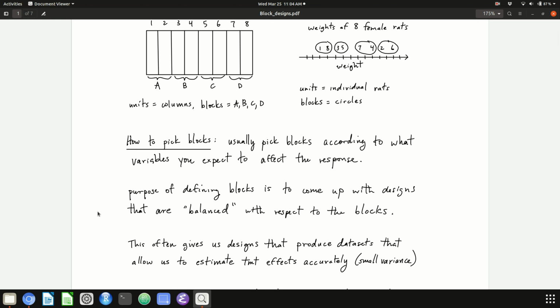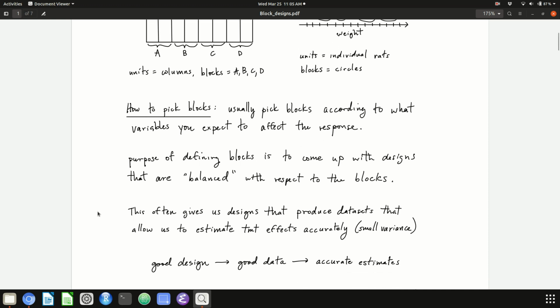Remember, the goal of an experimental design is to give ourselves the best chance of answering the question of interest in the study. That usually corresponds to producing data sets that allow us to estimate treatment effects accurately, or in other words, have small variance.